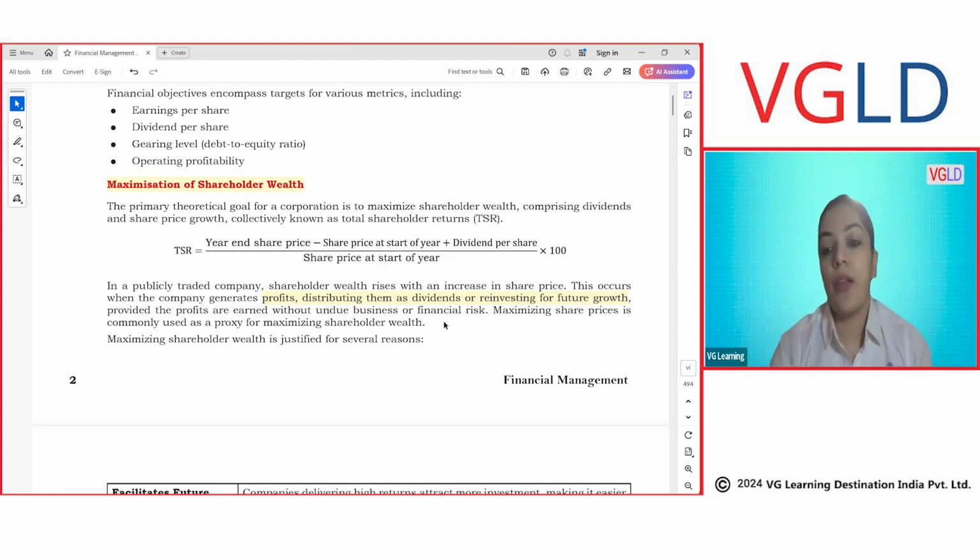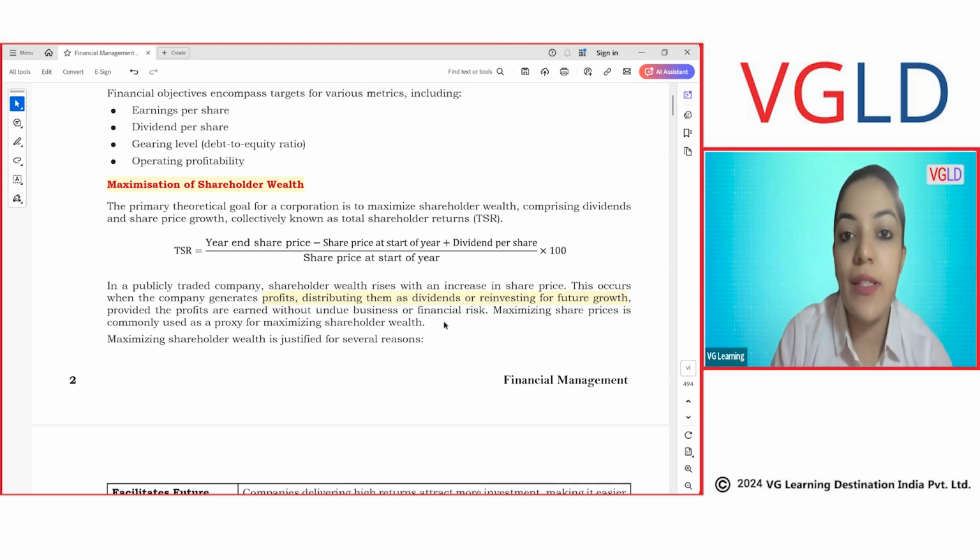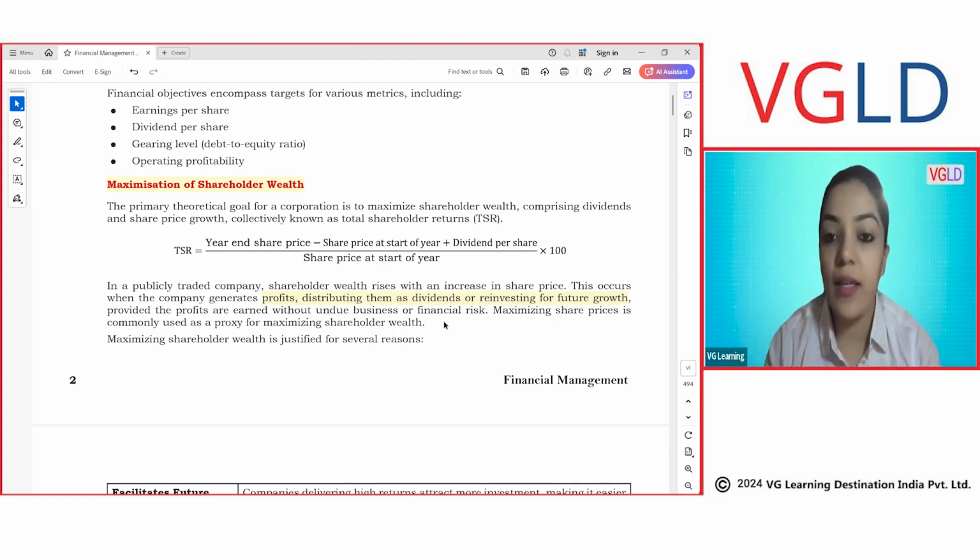Correct. So, remember, what are the three types of decisions that you have to make in the company? Investing decision, financing decision, and dividend decision, right? These are the three types of decisions which we learned in the first class itself.